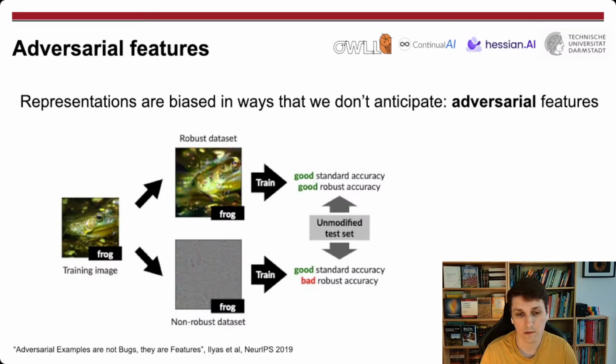And a good standard accuracy here means that you'll get a satisfying accuracy on the original test set. And so this is a very big trap of all the features having learned something where we're not really clear what this would mean. Like, what would this mean if we do transfer learning on top of this? We've just learned some weird noise patterns that seem to be very specific to certain images.